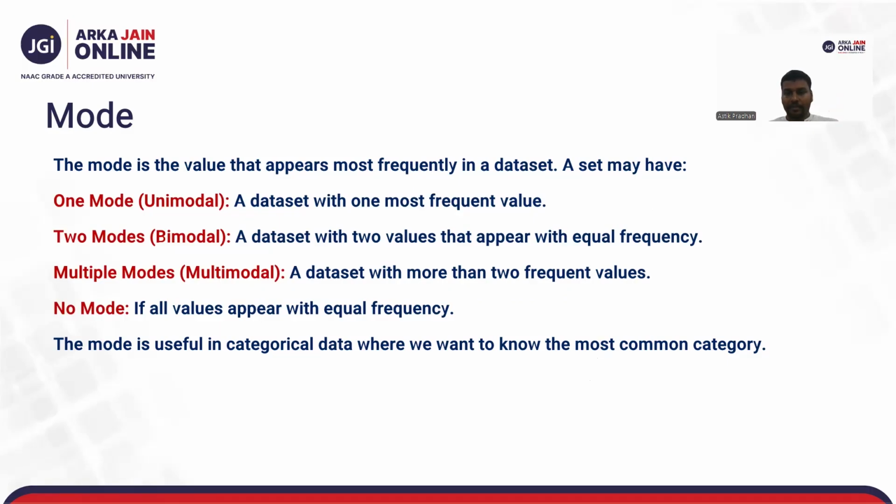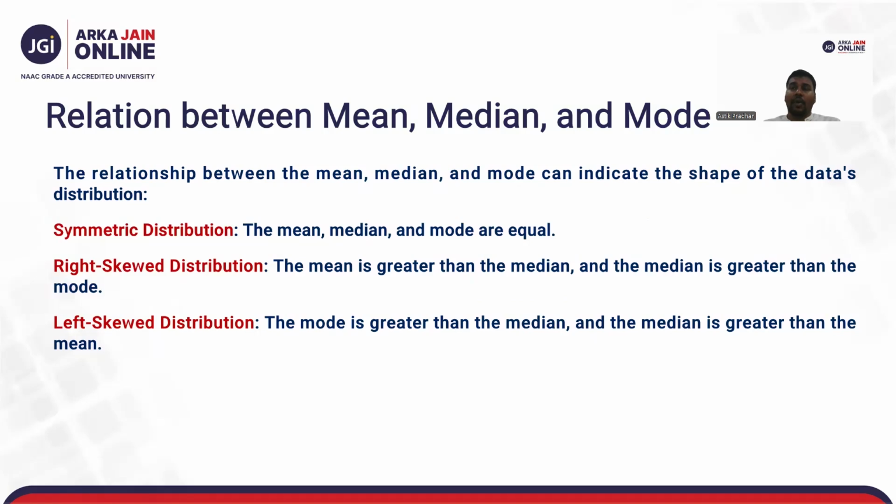Okay, now what kind of relationship exists between these three measures, mean, median and mode? Let's discuss that now. The relationship between the mean, median and mode can indicate the shape of the data's distribution. Repeatedly, and previously also, based on the slides, I am trying to explain one thing: in order to take a better decision, we need data, and to analyze the data, we need quantitative techniques.